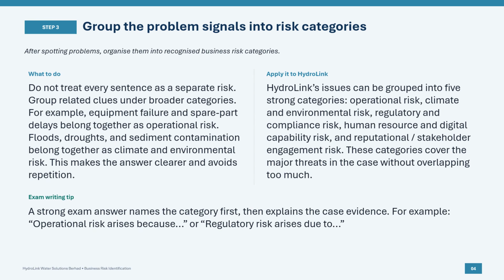How to apply to this case study? Look at the applying side. HydroLink's issues can be grouped into 5 stronger categories. Operational risk, underline. Climate and environmental risk, underline.